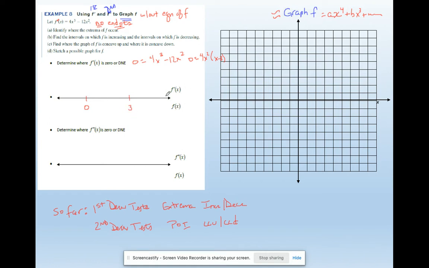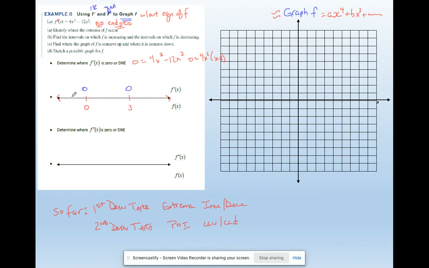Use your labels on your lineup. Notice I have arrows because I have an infinite domain. I don't care whether you put the labels on the left or the right of the number line, doesn't matter. I just put them over here because I had bullets here. So f prime of x, the derivative, is 0 when x is equal to 0 and x is equal to 3.